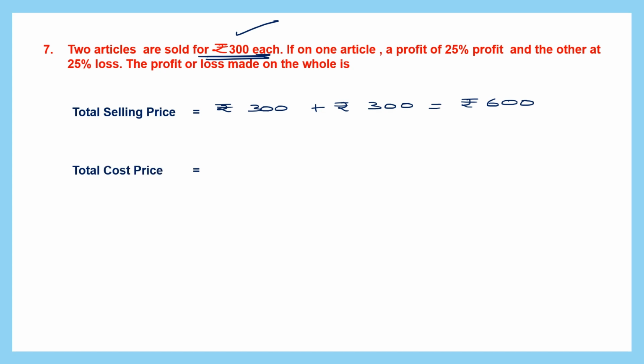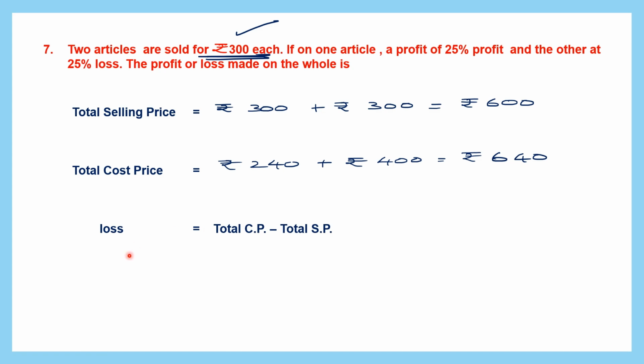Now the total cost price we just found out, it is 240 and 400 rupees. So this will be 240 and 400. When you add it up, you get 640. So here you can see that the cost price is more than the selling price. That means there was a loss, isn't it? There was a loss here.